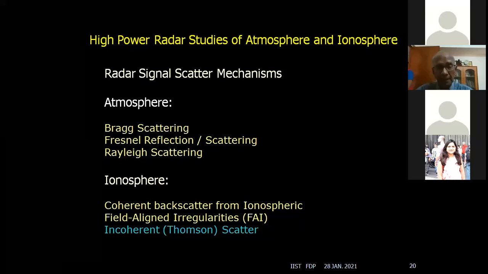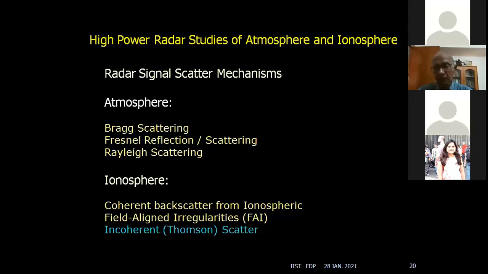And the third is Rayleigh scattering. Whenever there is rain, each raindrop scatters back. It's a Rayleigh backscatter. When the particle size is less than the wavelength of your radar, it's called Rayleigh backscatter. You get the Rayleigh backscatter from each drop.